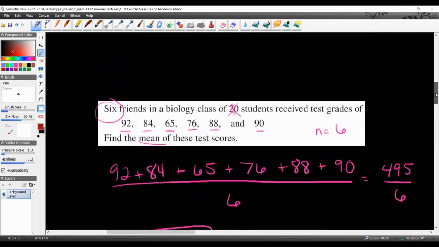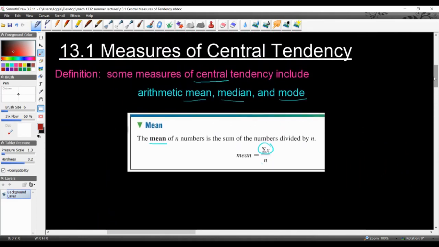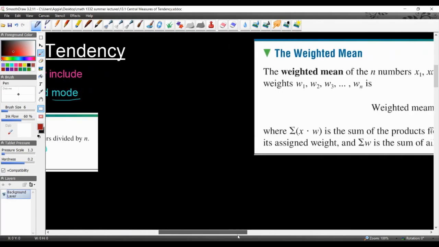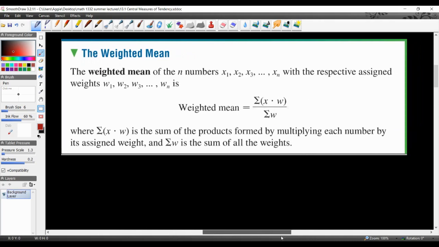We've covered the three main measures: arithmetic mean, median, and mode. Now we're going to talk about something known as the weighted mean. This is really relevant to things like your grades and your GPA. This is when you're given n numbers, x1, x2, all the way to xn, with different weights.